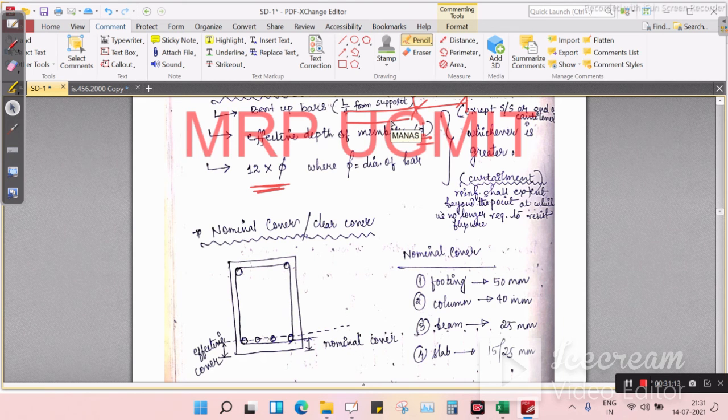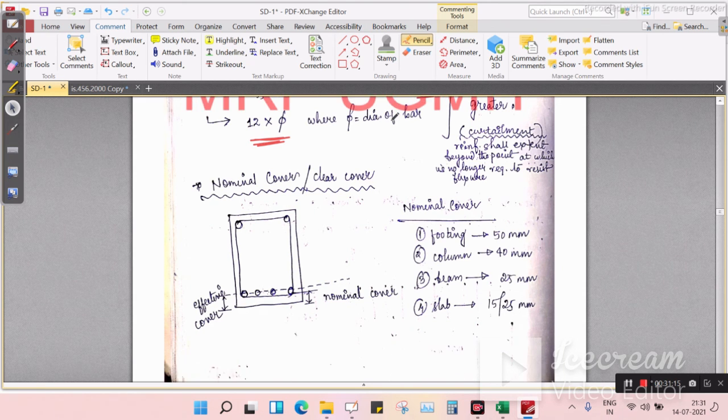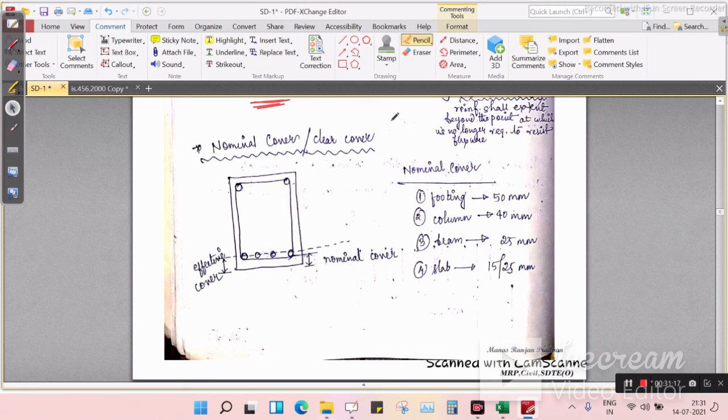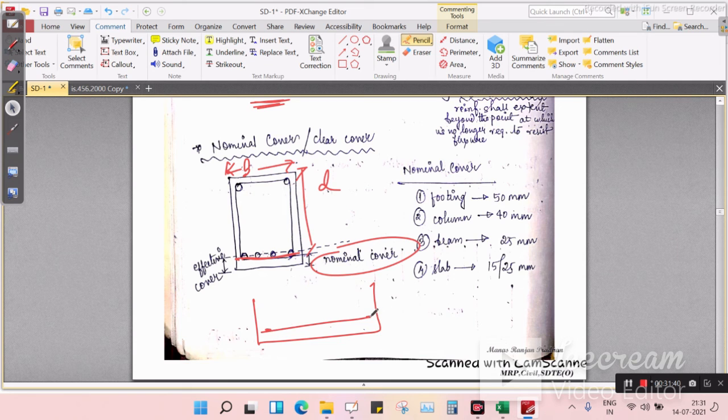Then nominal cover and effective cover, you already know. This is the cross section of the beam. This is B. This is effective depth D. So this is our clear cover, the nominal cover. I am zooming it for you. This is the reinforcement.